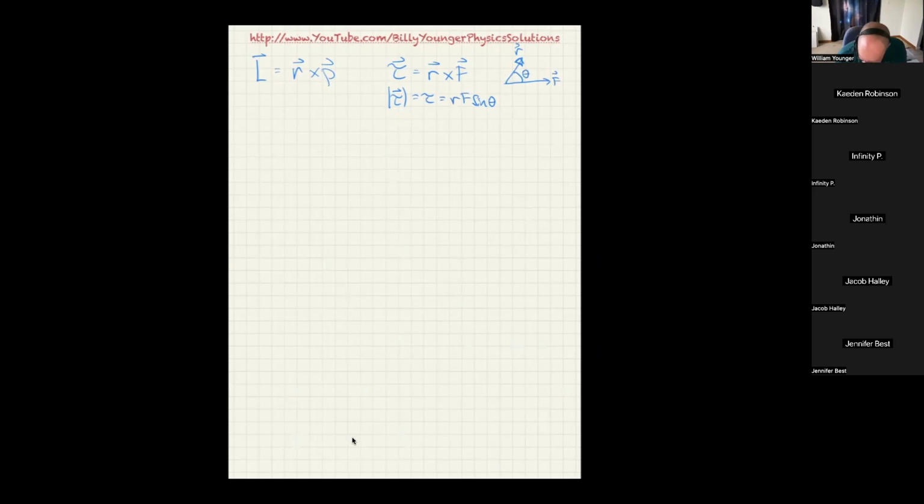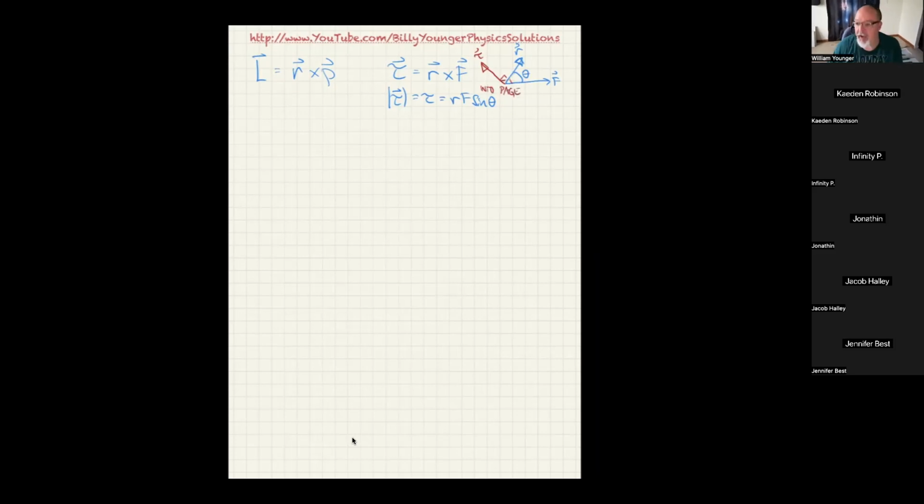But in fact, its direction, on the other hand, would be into the page. So I would say by a right-hand rule, this would be the torque vector, and that is in fact perpendicular to this guy, and it's also perpendicular to this guy, and it's going into the board or into the page.